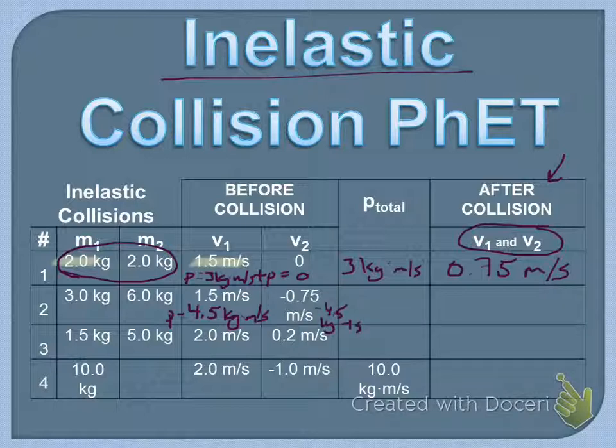I'm sorry, that's so messy. But 4.5 plus negative 4.5 gives us 0 kilograms meters per second for our total momentum.